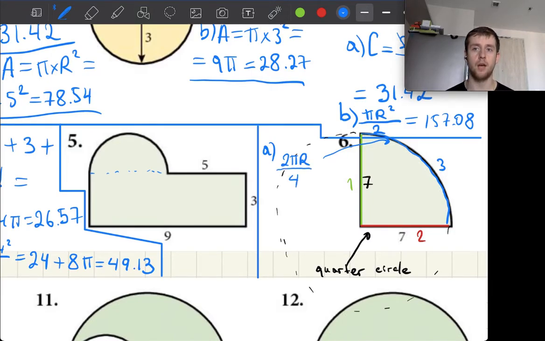All right, so we only have 4th part of the circle, so we only have a fourth of the circumference left, right? So we take normal formula for circumference and we divide it by 4. So in our case, it's going to be 2 times pi times radius, 7 in this case, and then all of this divided by 4. All right, so 2 and 4 can be cancelled. So this is going to be equal to 3.5 pi.